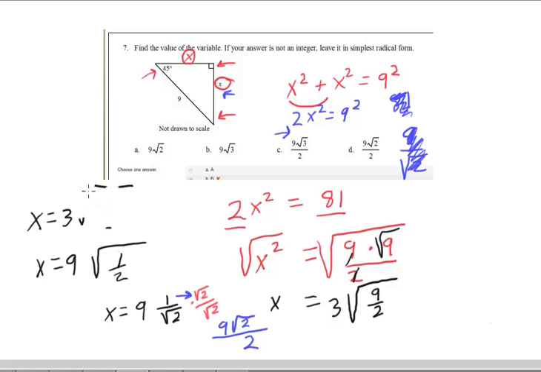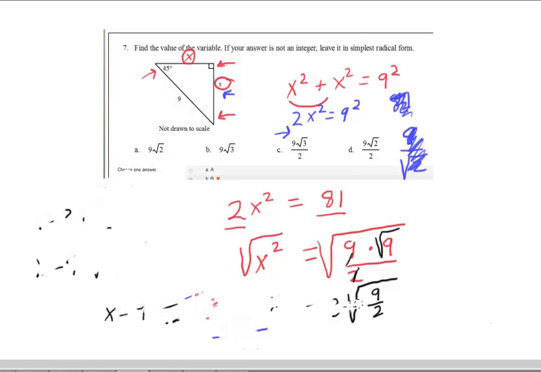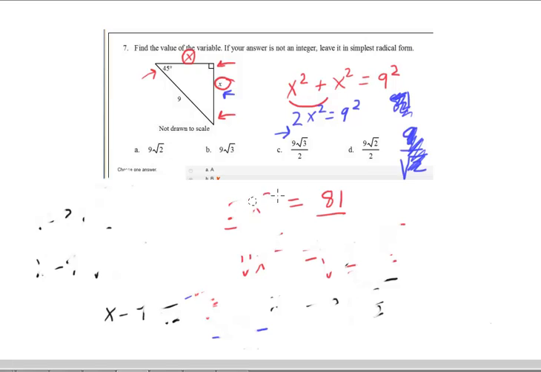So let me erase something here. I really tried to complicate this for some reason, and I don't know why. So let me uncomplicate it. Erase all this mess. Sorry about all this.